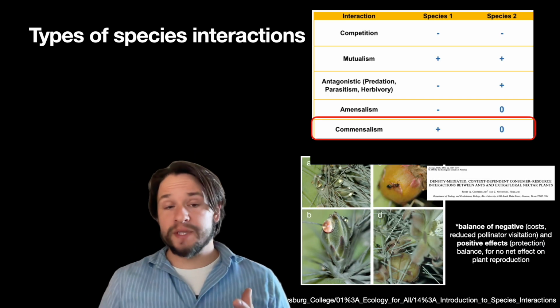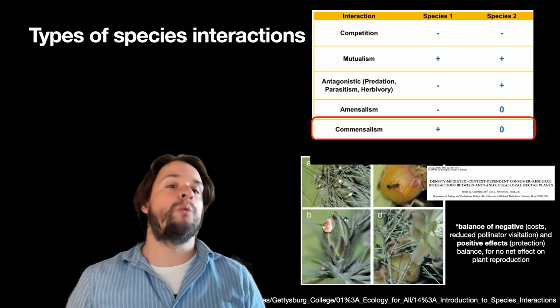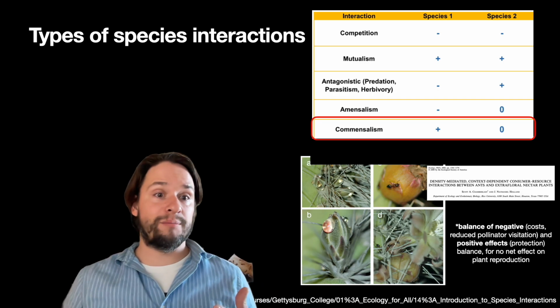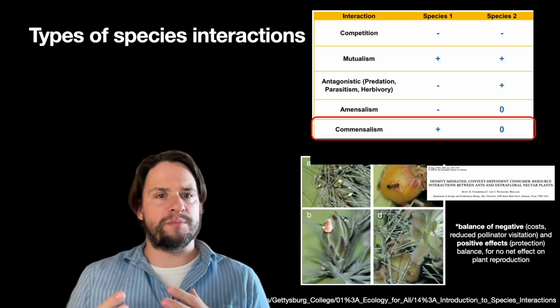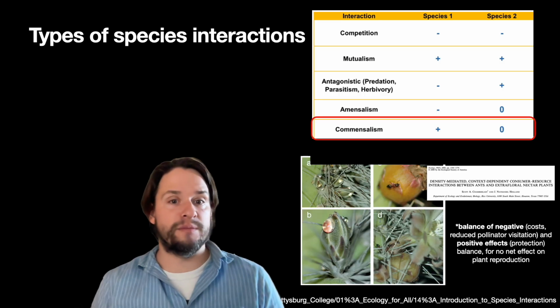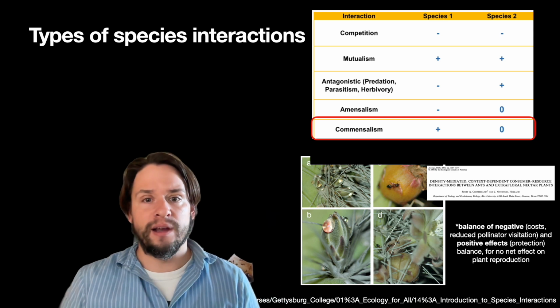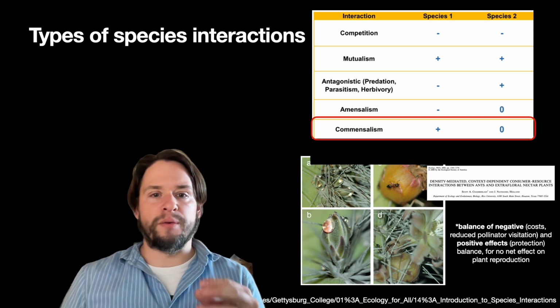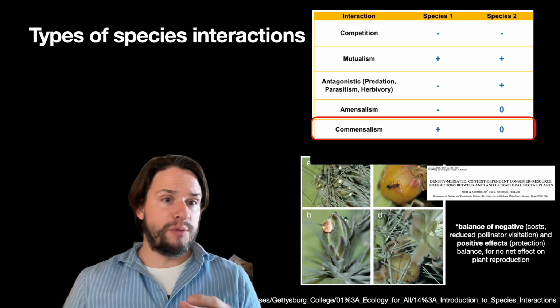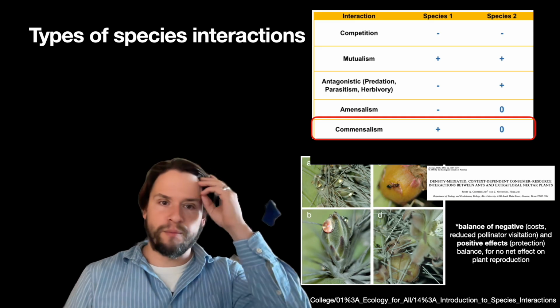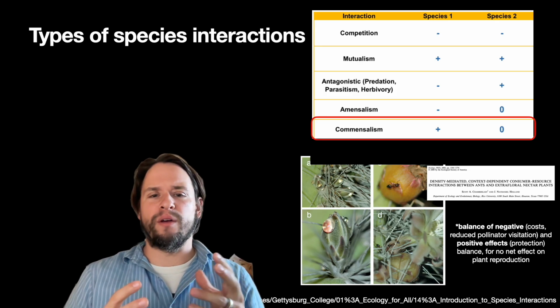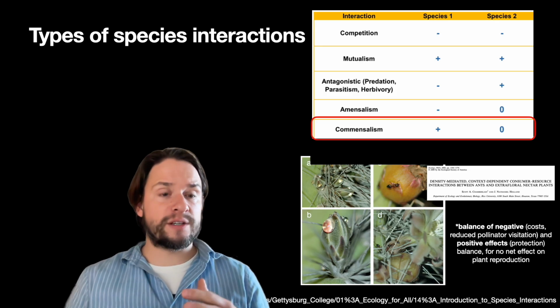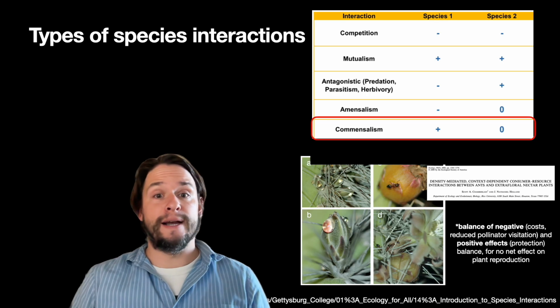You can also see the opposite, where one partner might benefit, but the other partner is unaffected. And there can be a little bleed sometimes between, for example, commensalism and mutualism. So here's a nice example of a cactus and ant interaction, not necessarily mutualism, where the cactus is providing extrafloral nectaries, a food resource that the ants feed on.